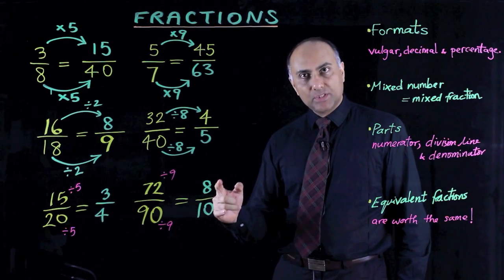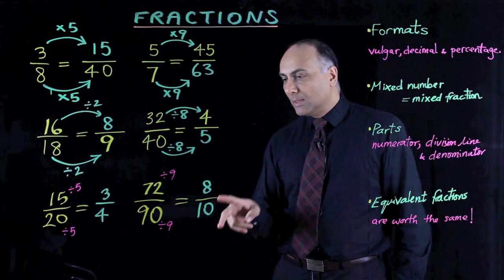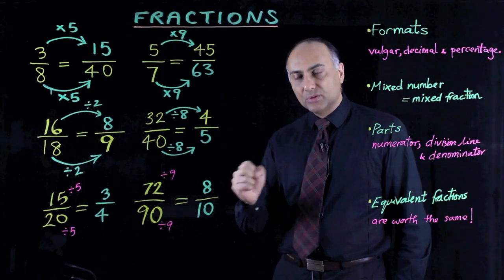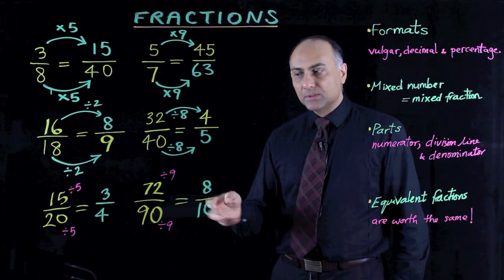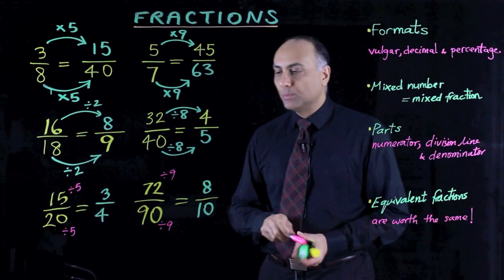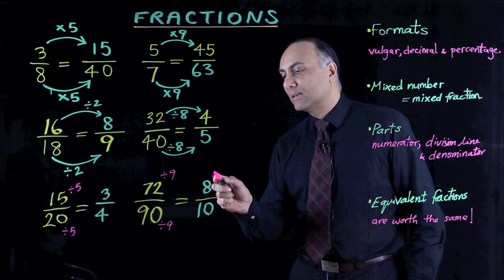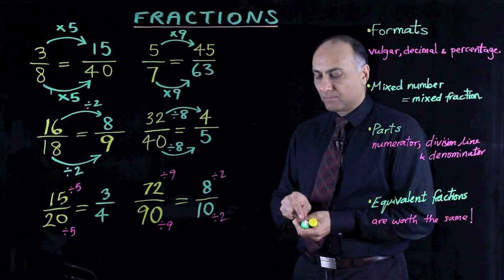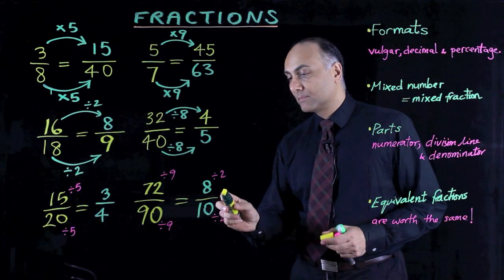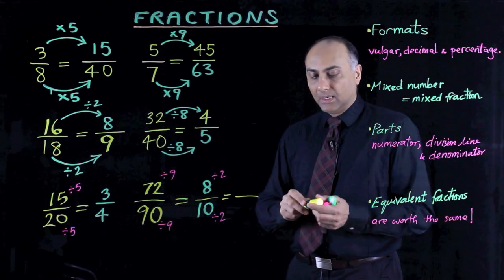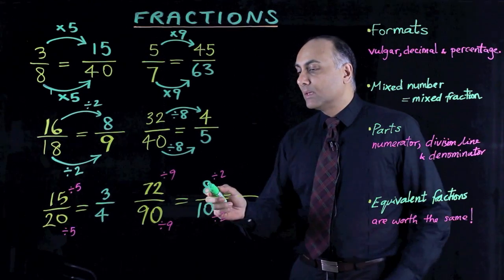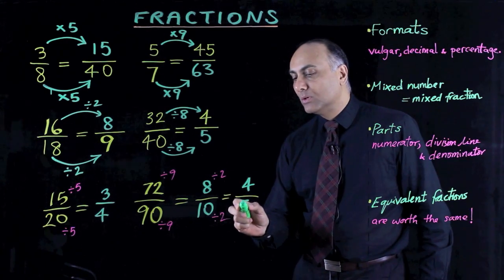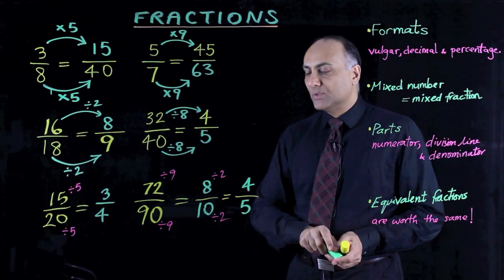But we haven't reduced it to its lowest terms yet, because 8 and 10 still have a common factor that can be used to reduce them. They're both even, so they can both be divided by 2. So I will divide again. And after doing that, 8 divided by 2 becomes 4, and 10 divided by 2 becomes 5, which is 4/5.